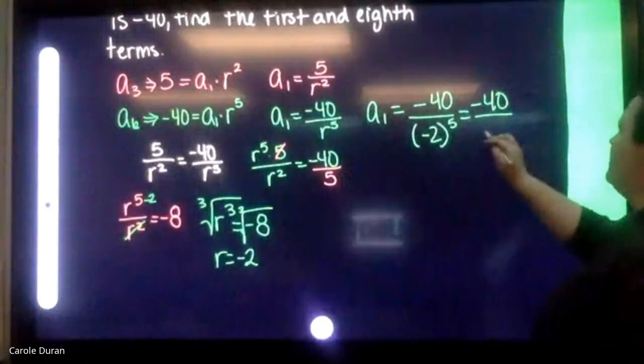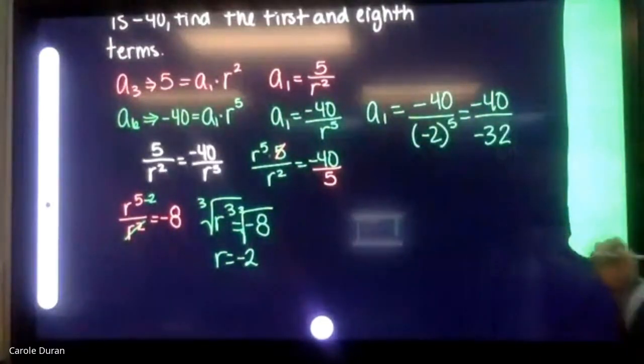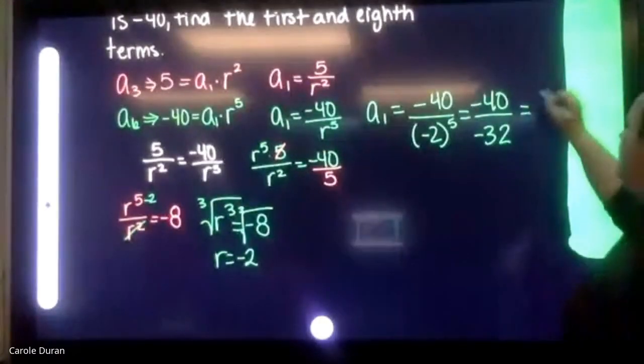That should be -32 when I do -2 to the 5th. So I get -40 over -32, which reduces to 5 over 4, because I can pull a -8 out of both of them. So my first term, A1, is 5/4.